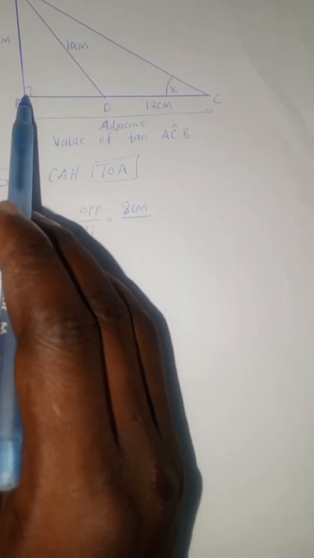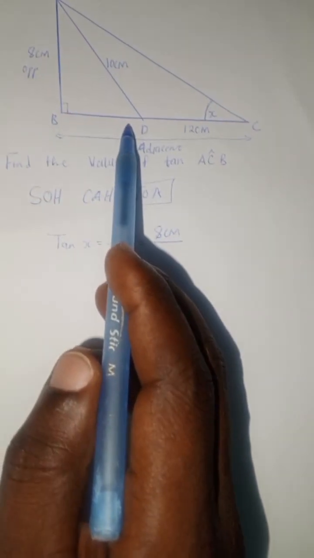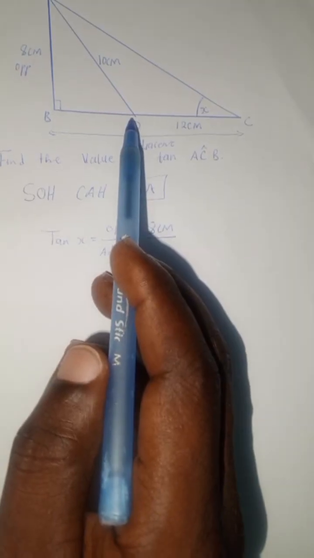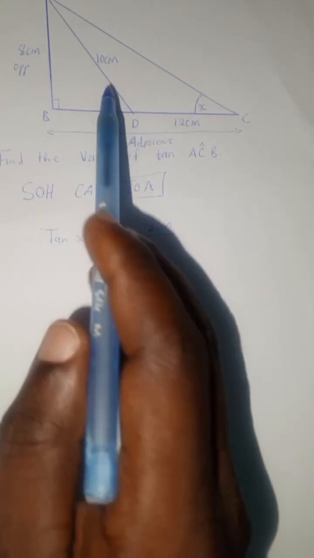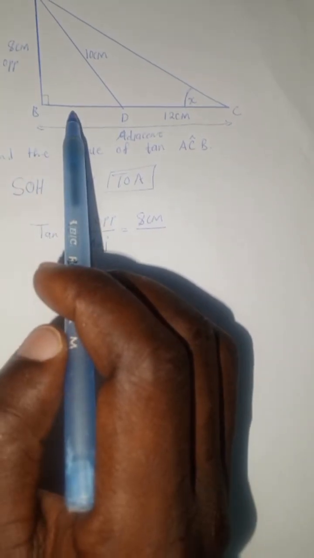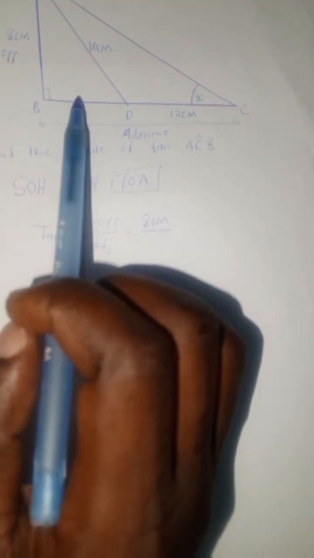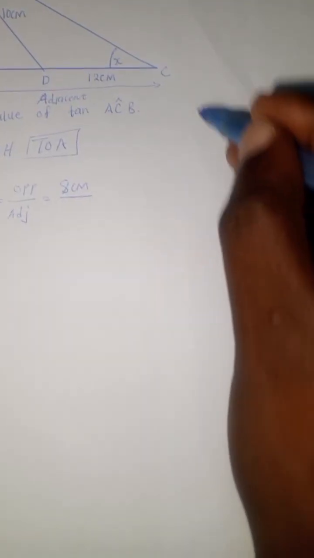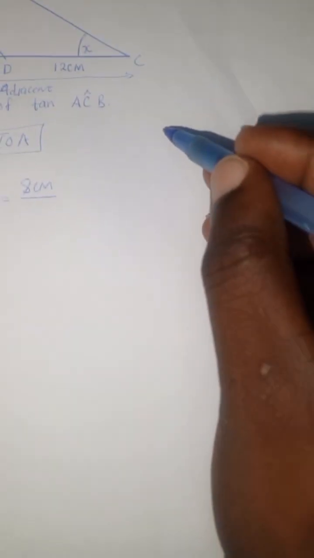The only length that I have is from D to C. What about from B to D? Since this is a right angle triangle, I might be able to get it using the hypotenuse and the opposite right here. So we are going to bring in this knowledge.